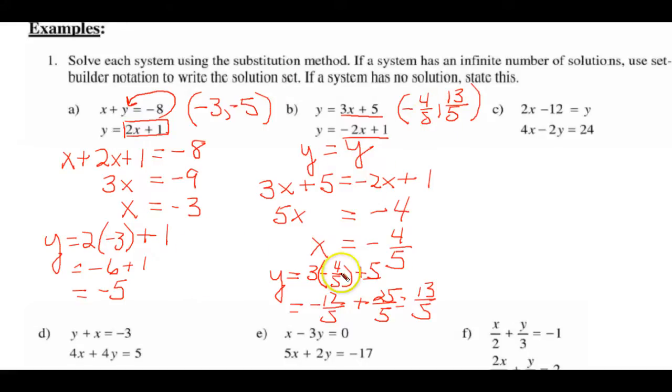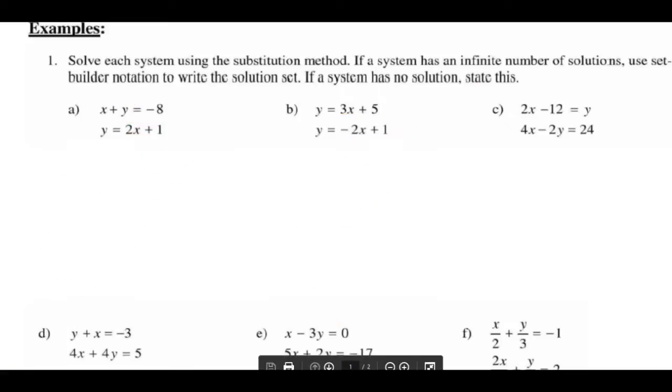Okay, you should have all of this in your notes. Now in letter C, we're going to take a careful look because there our y is equal to this. So the strategy is we write out the second equation where the y is. We're going to carefully substitute this in, and let's set it up.